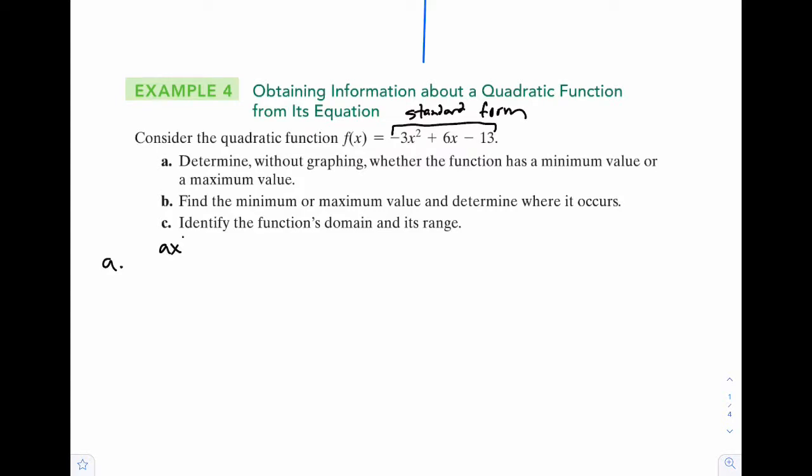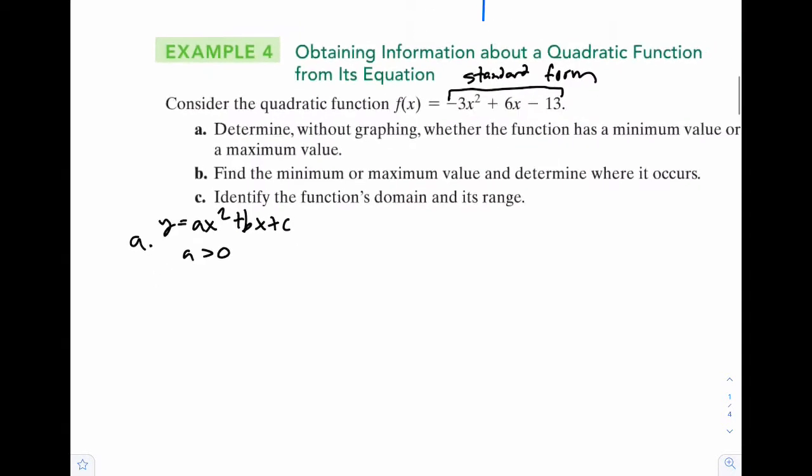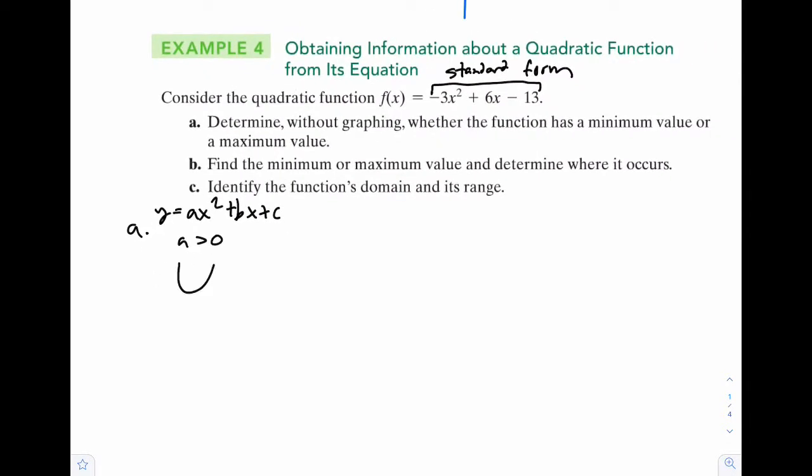If you're working with standard form right here, if a is greater than 0, like that, what we know is the parabola should be looking upwards like this. And I can see there, if you look right there, it has a minimum value.